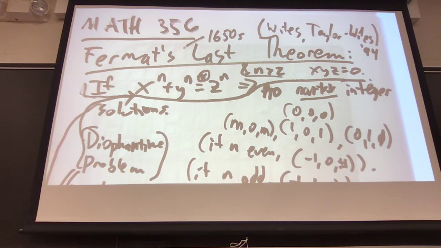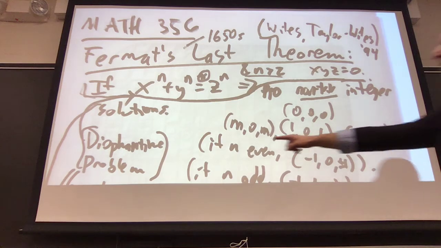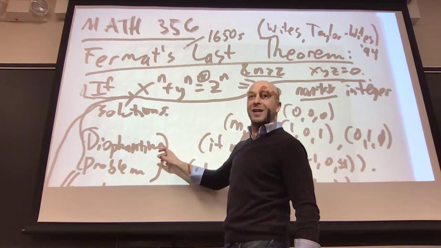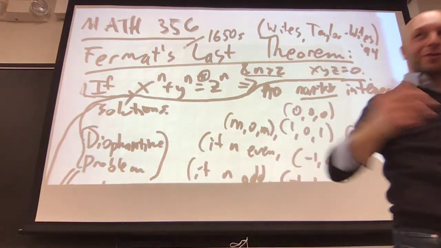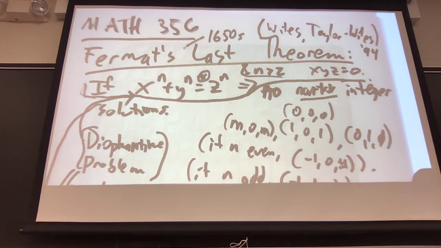Because he died after that. He did die, that's true. He died without, so he was reading Diophantus's Arithmetica. Diophantus is an ancient Greek from like 300 Common Era, 300 AD.